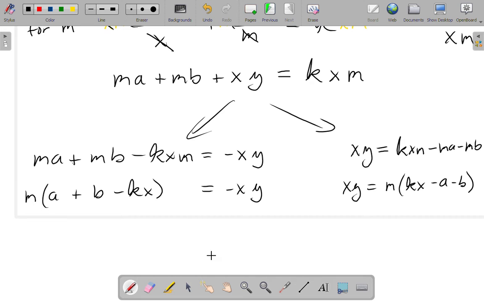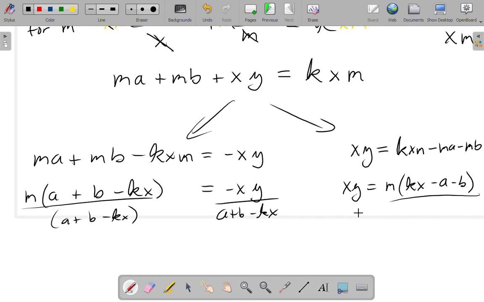Yeah, you have to divide. Divide by the coefficient of the variable you're solving for. So same thing here. Minus A minus B, KX minus A minus B.